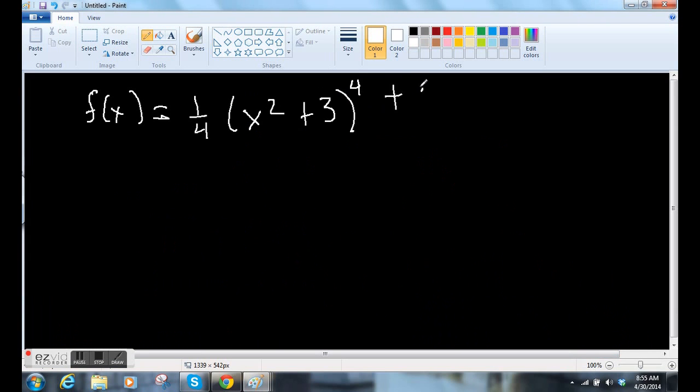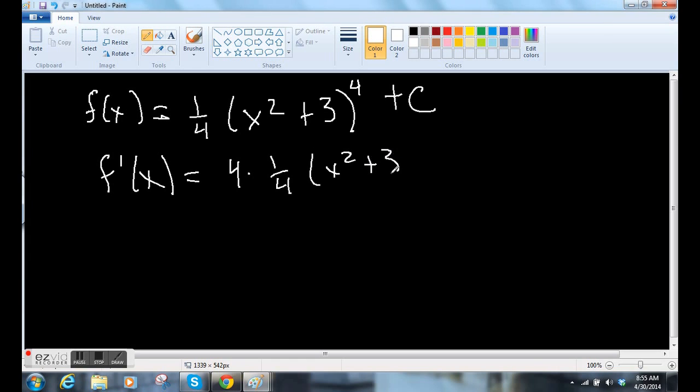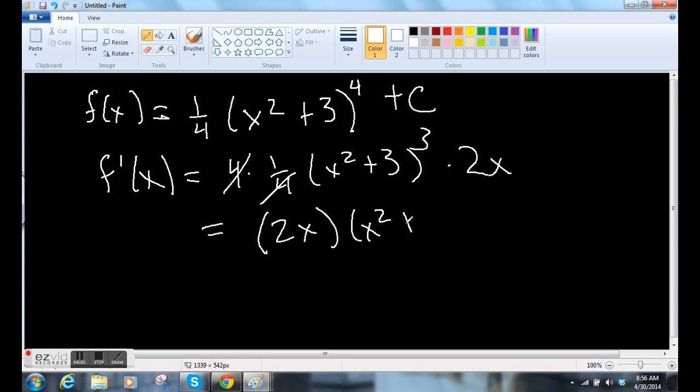So I'm going to take the derivative and see if that equals the integral that was given in the problem. So it's 4 times 1/4. I'm speedy derivative today. Cubed, right, times 2x times the derivative of a thing that's on the inside. Derivative of a constant goes to 0, so that whole thing, 4's cancel, equals 2x times x squared plus 3 cubed. You could take the derivative dx, like that.